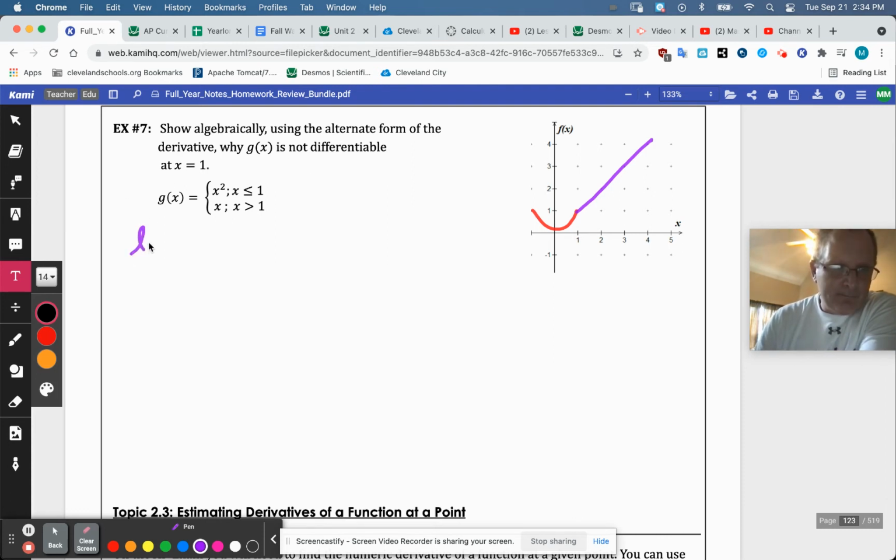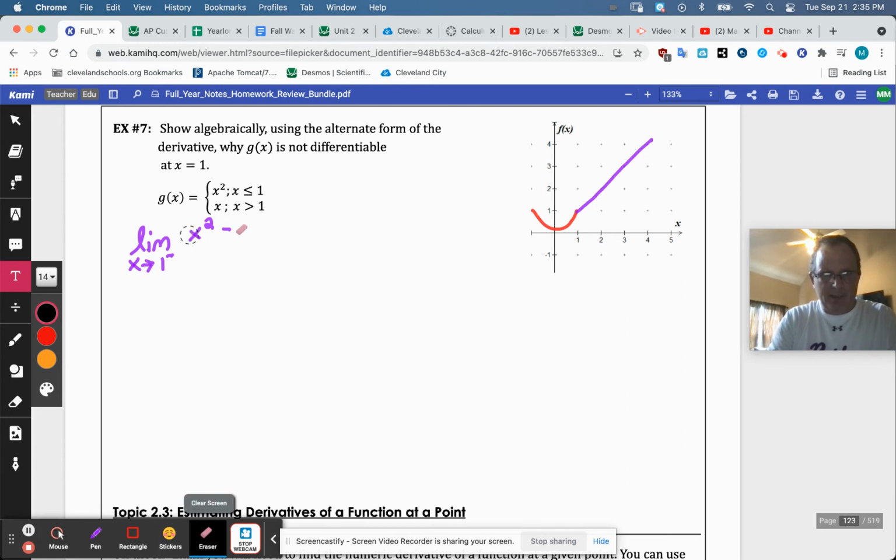So the limit as x approaches 1 from the left of this particular function is going to be x squared minus... let me go back. Let me back up.